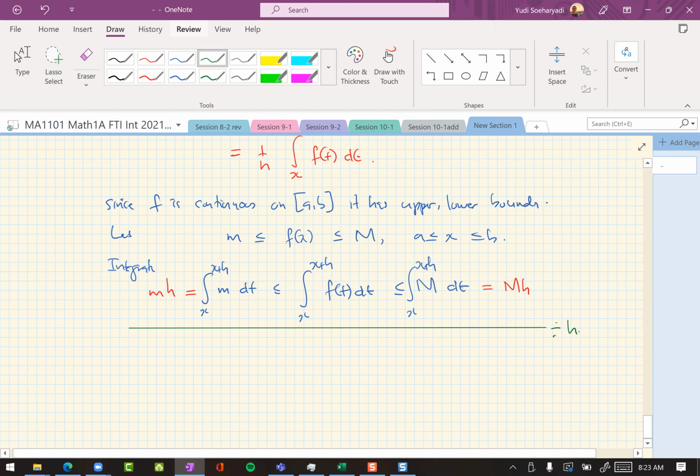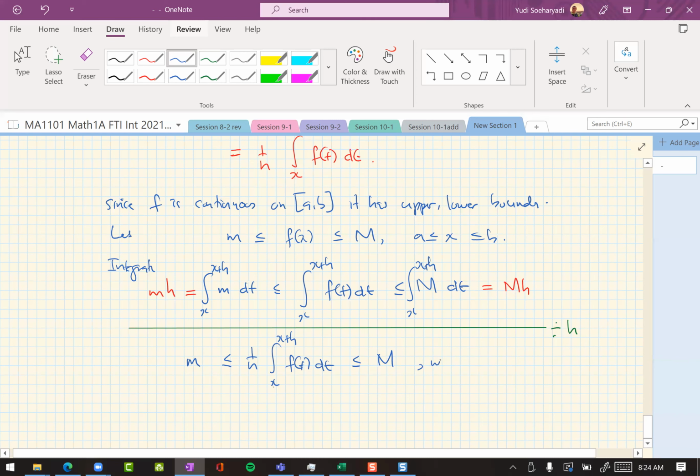So what we have is that here we have 1 over h times the integral of f(t) dt, divided by h, is less than M. Okay, so m and M are the max and min, or upper and lower bounds, of f on the interval from x to x plus h.